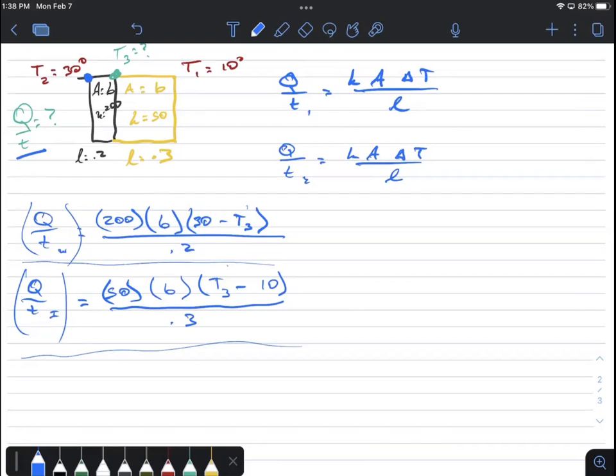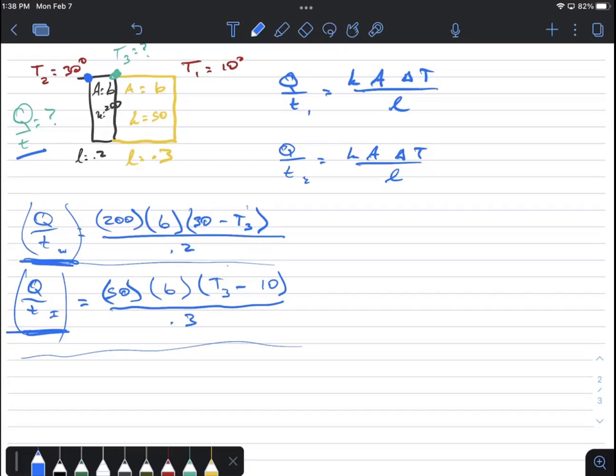So now all I have to do, I've done the physics, is the math. Two equations, two unknowns. How do I do it? This one's easy. I don't actually have to do two equations, two unknowns. All I have to do is say, if Q over T for the wall is the same as Q over T for the insulation, then just make them equal.